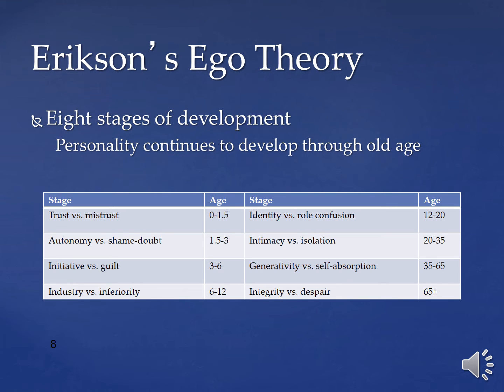So let's use as an example a 13-year-old girl who becomes accidentally pregnant. Now, we all understand that a 13-year-old is not in a position to have the maturity to parent. So this is a catastrophic event for this teenage girl.